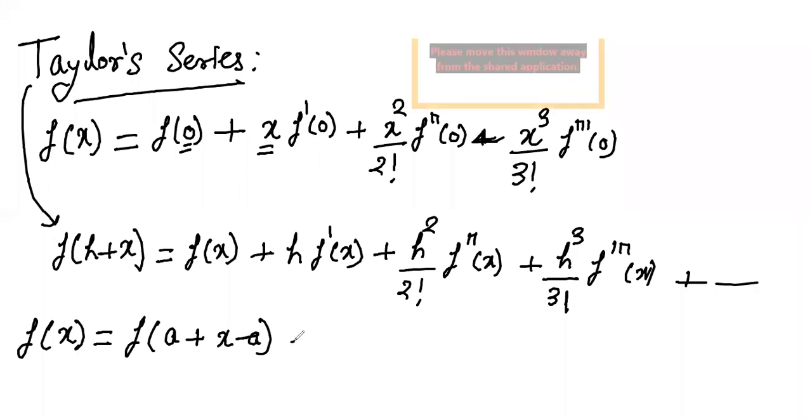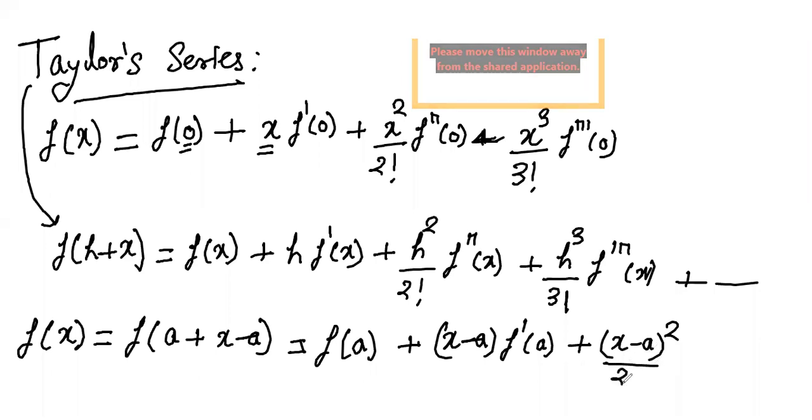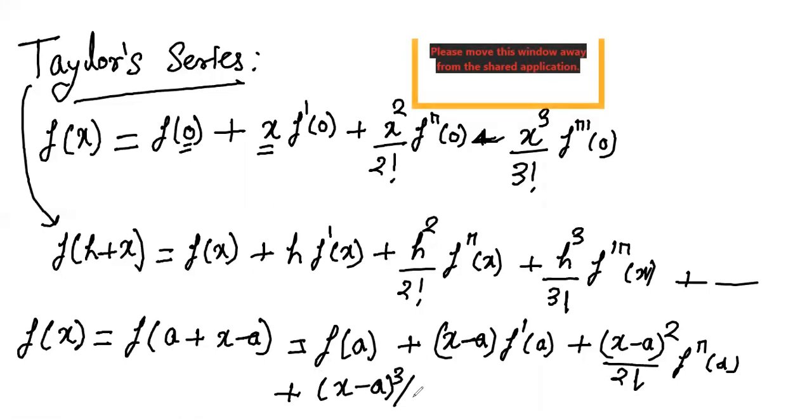So this series will be f of a plus x minus a f dash a plus x minus a square upon 2 factorial f double dash a plus x minus a cube upon 3 factorial f triple dash a and so on.